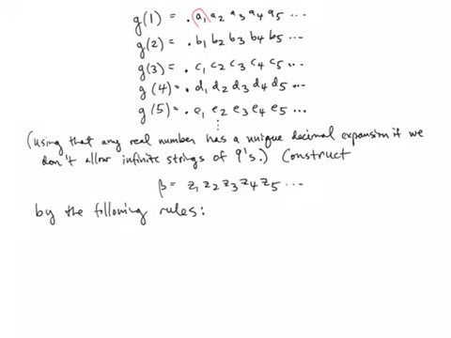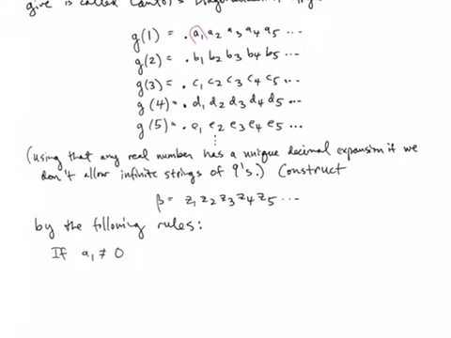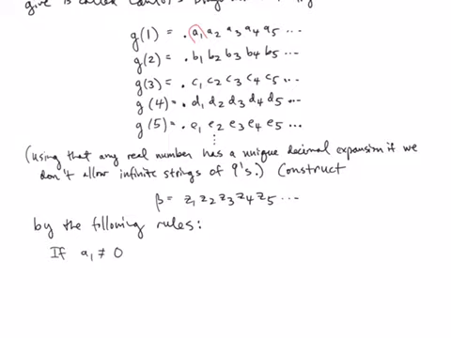So z1: if a1 is not equal to 0, let z1 be anything in the set from 1 through 9, excluding the digit a1. Choose whichever your favorite number in that set is.